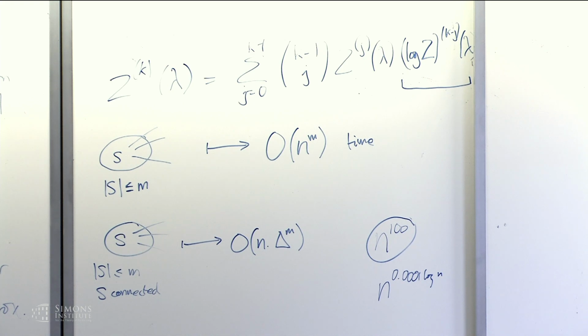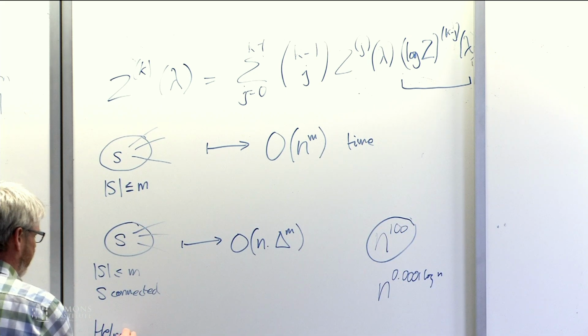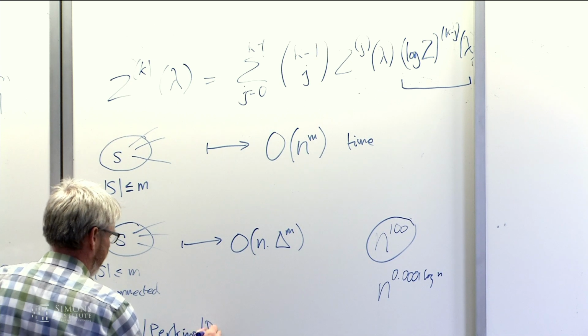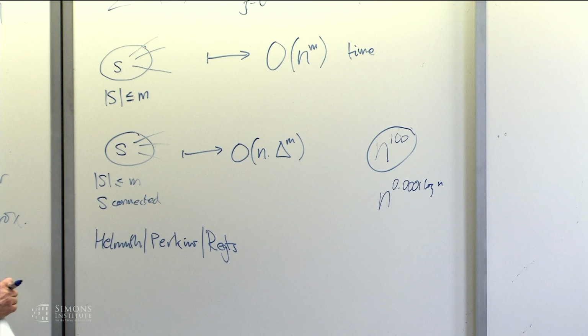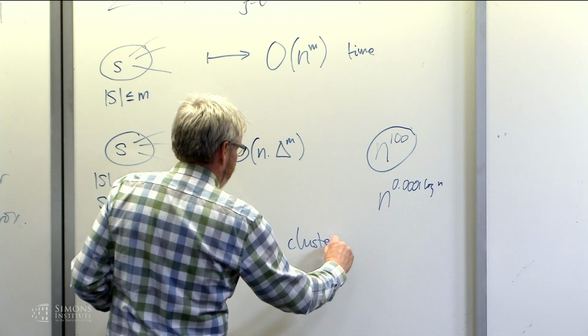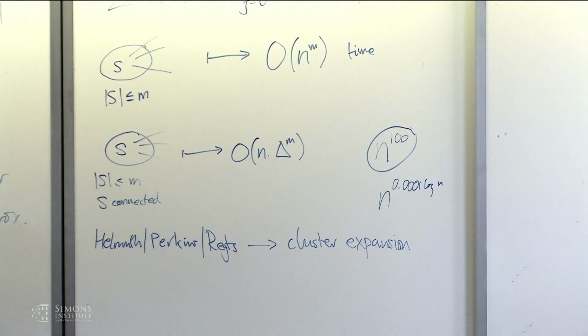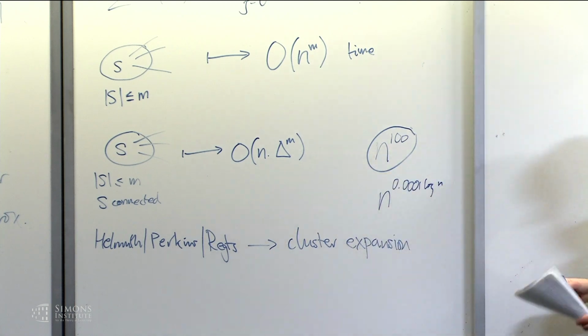There's a nice recent paper of Helmut, Perkins, and Regs that does this same trick, in arguably a more general setting, using the cluster expansion, which is a tool from statistical physics that is a general way of getting from unconnected or disconnected arbitrary subgraphs to connected ones. That's something that's very nice, and they've applied it in other settings as well.